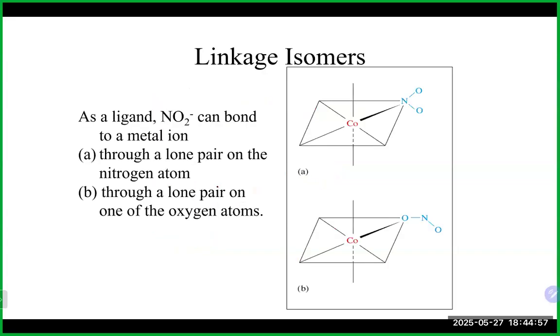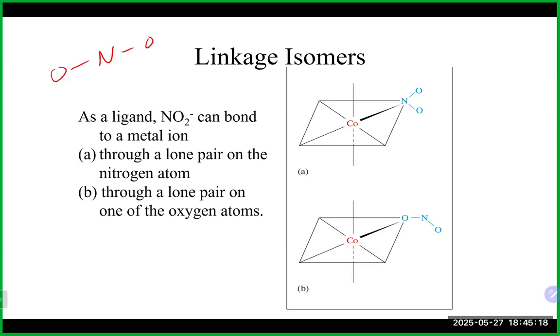Now, different to that is what is known as a linkage isomer. A linkage isomer is basically the same stuff attached as well, but the difference comes in how the ligand attaches to the metal. In the case of NO2 minus, you have a nitrogen and a couple of oxygens.